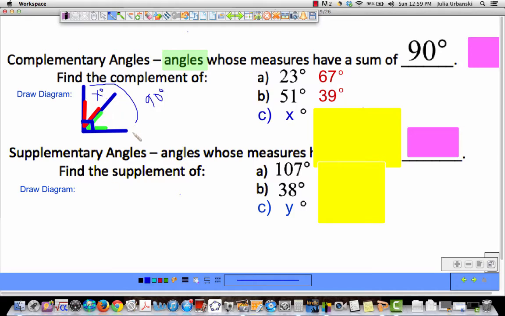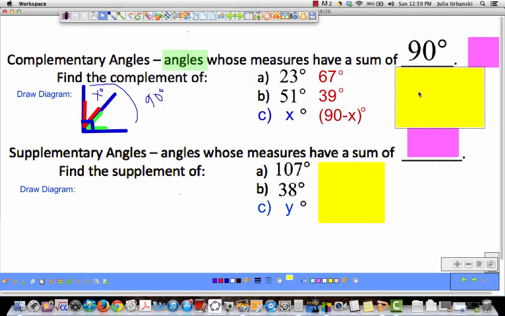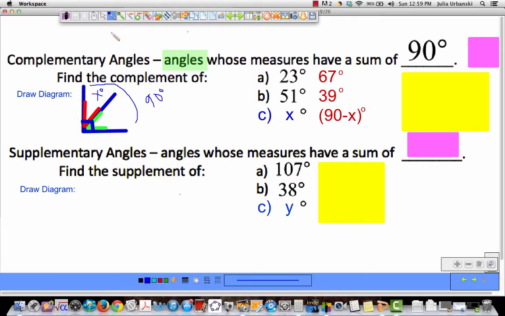Well, you start off with 90 minus X. So your answer, although it looks weird, it's still accurate to say 90 minus X. You start off with the 90, you subtract X, and that's what your answer actually looks like. If you have a variable that you don't know the answer to, you just leave it in the problem, 90 minus X. And that's how your answer would look.